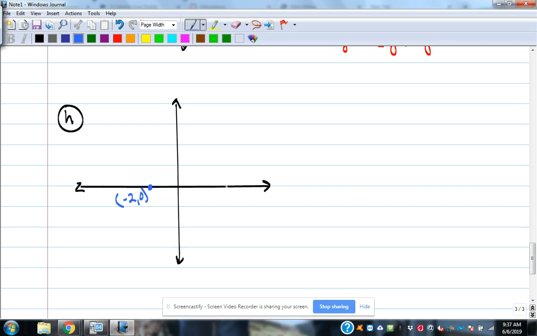And then I'm going to put another ordered pair over here and put it at 2, 0. Put an ordered pair up here. I'm going to call it 0, 5. And I'm going to put one down here and call it 0, -5. And then I'm going to draw this kind of football shaped graph.